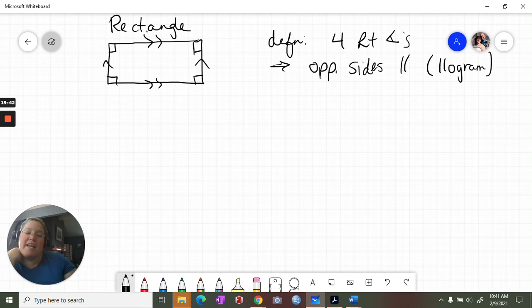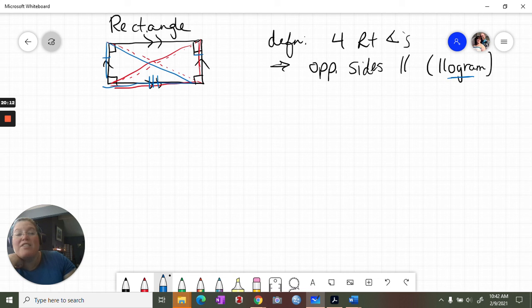So in a rectangle, when I divide into 2 triangles, all right, we've got 2 right triangles. And then I can even go so far as to look at what we call overlapping triangles. I can look at this one, right? And I can look at this one. I know my opposite sides are congruent because of the parallelogram.